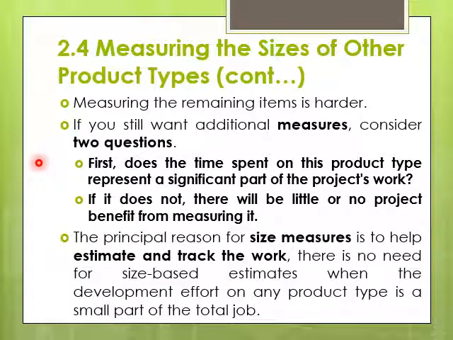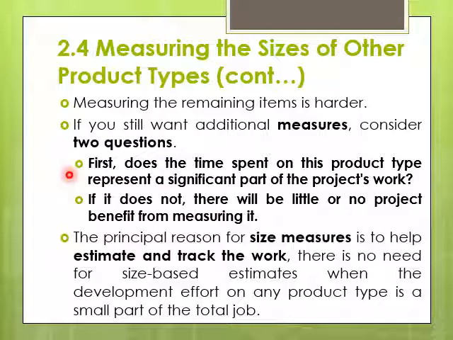If you still want additional measures, consider two questions. First question: does the time spent on this product type represent a significant part of the project work? If it does not, there will be little or no project benefit from measuring it.